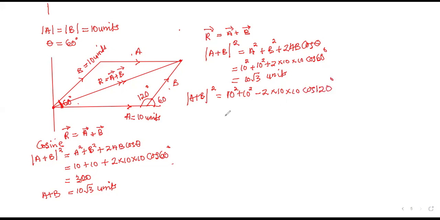And the value will be the same as 10 roots of 3 units. That's fine.